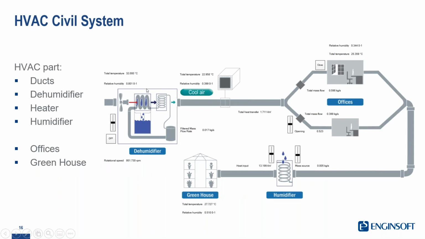In the civil system, you have ducts, dehumidifier, heater, and humidifier in this case, so the air is also humidified, and this air is provided to offices and then also to a greenhouse.